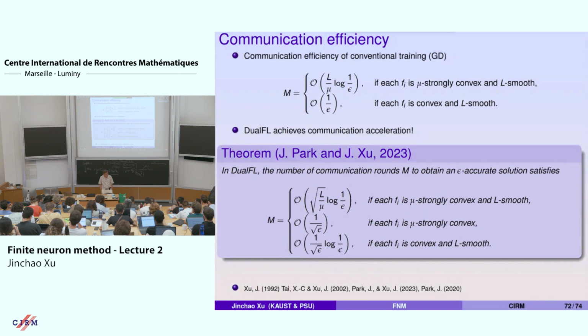But anyway, I just want to use this example to show you that there's another topic called federated learning. Somehow many people are interested. Then I can say it's equivalent to our domain decomposition.